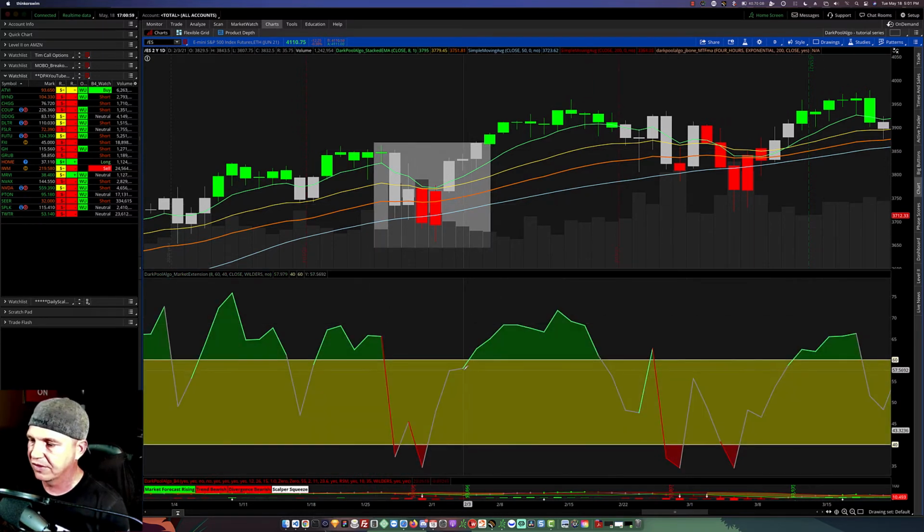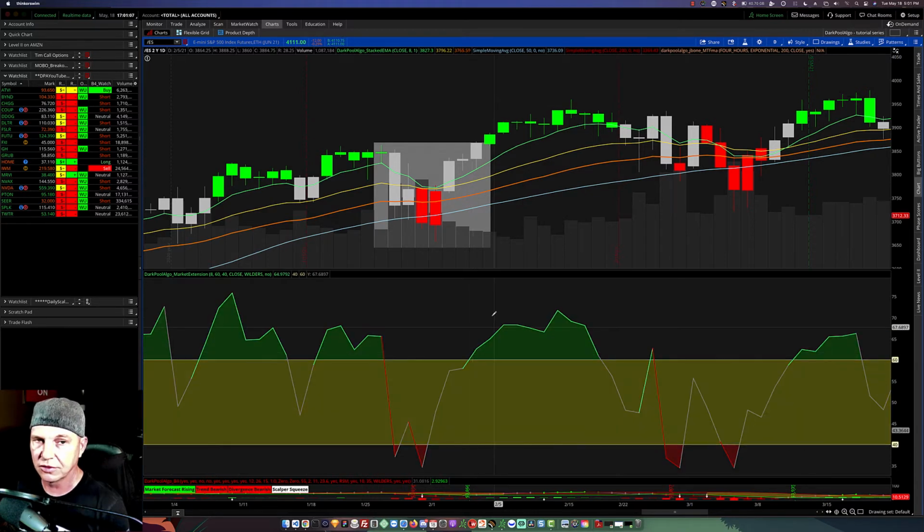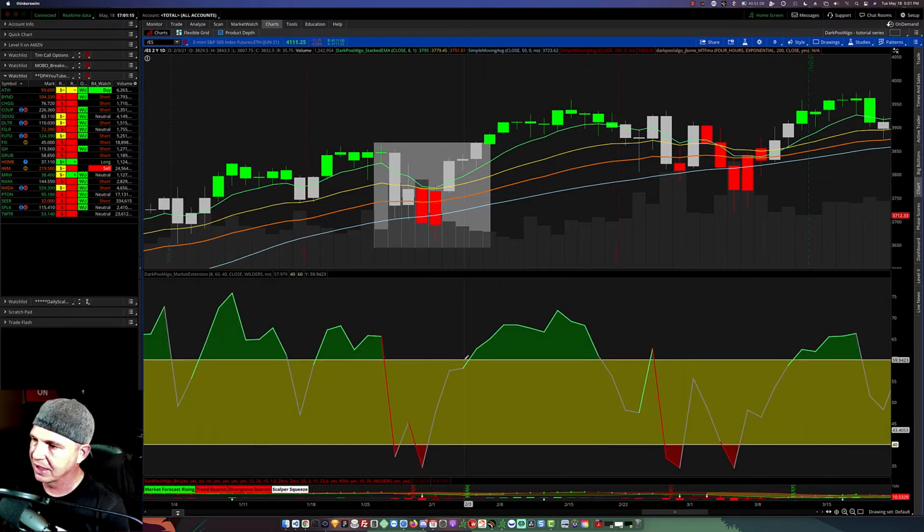As soon as that signal line turned green and crossed above the 60 period or the 60 line, that gave me confirmation that this was a good trade to get into, and that the trend, all of the signals lined up with the trend. So the next bar, so that was here, it turned green, so I'm getting prepared, crossed above the 60.